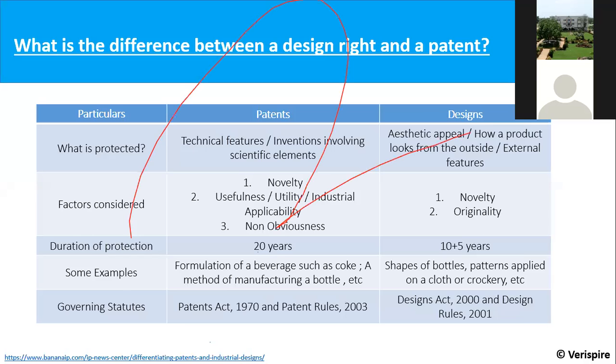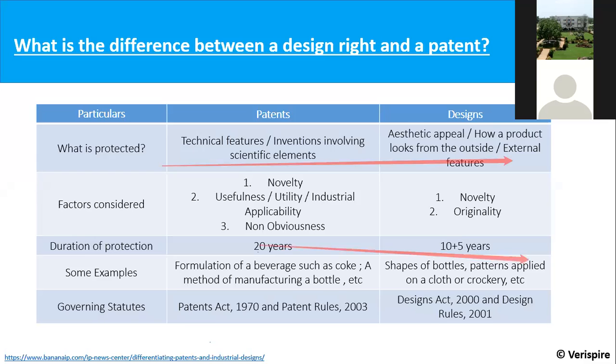Patents are generally covered under the Patent Act 1970. And for designs, there is the Design Act 2000, in which all the IP related to design is covered. So this is the basic difference between patents and design.